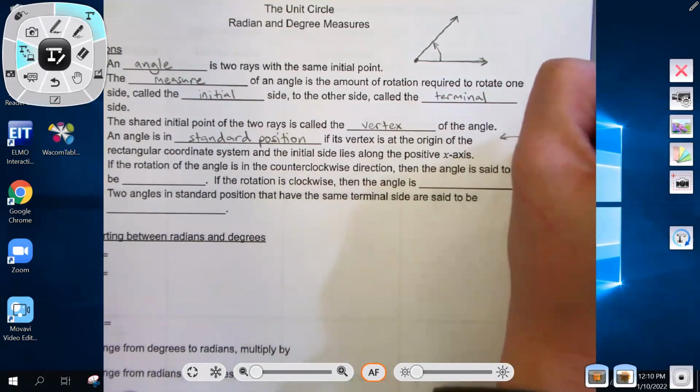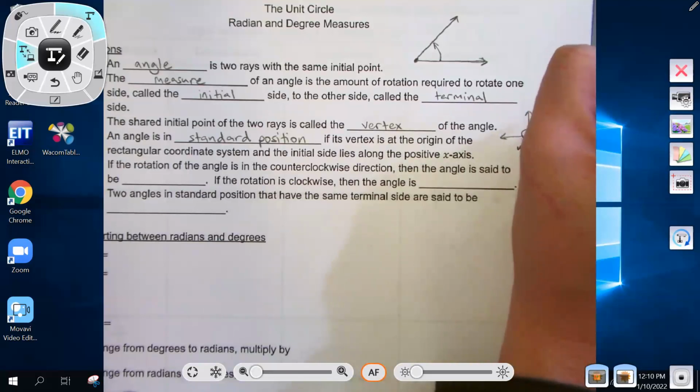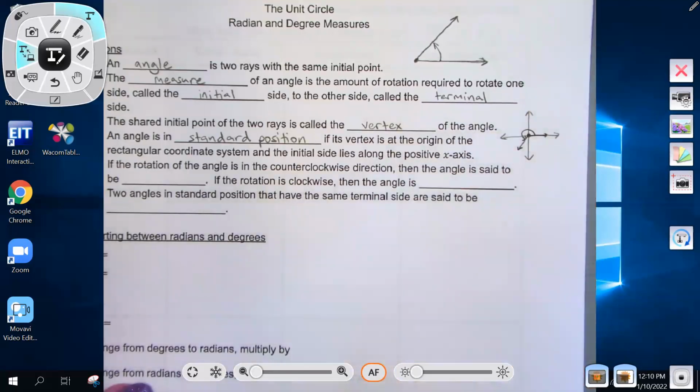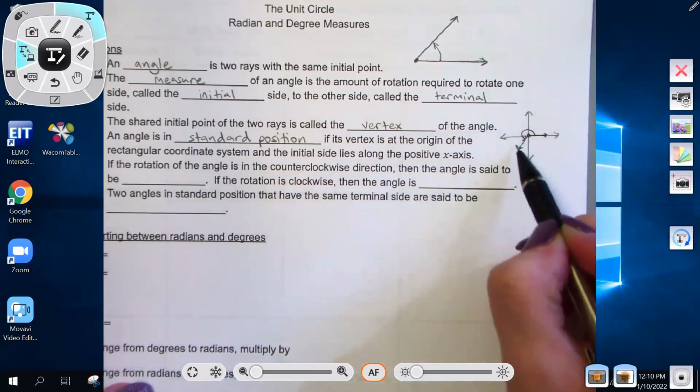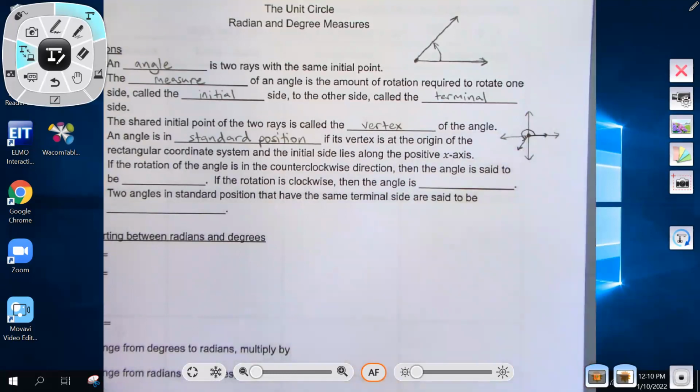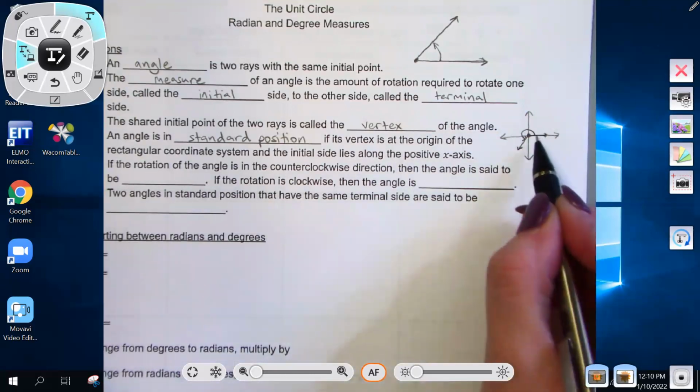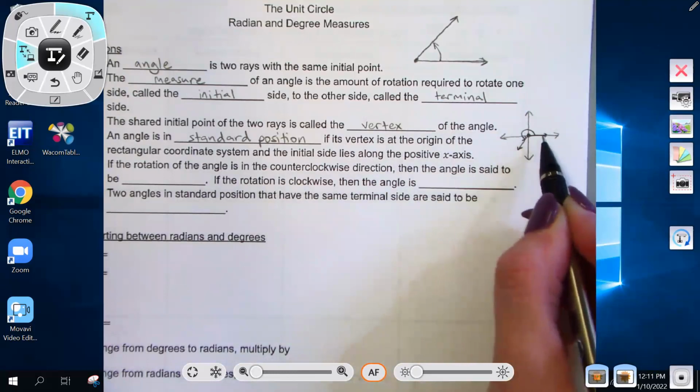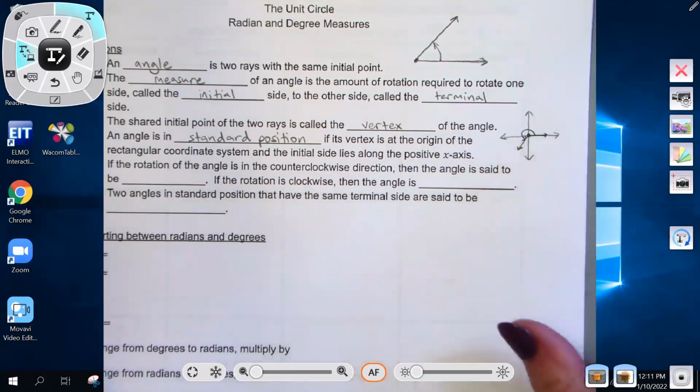Let's just say it's over here. So we rotate the initial side over to the terminal side to get our angle measure. But the terminal side could be anywhere. As long as the initial side is in this position right here, then that is in standard position.